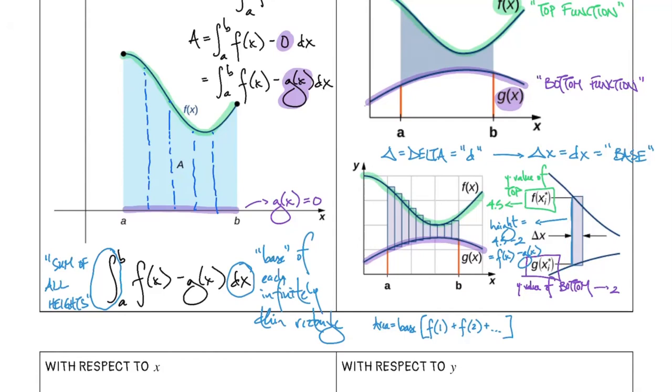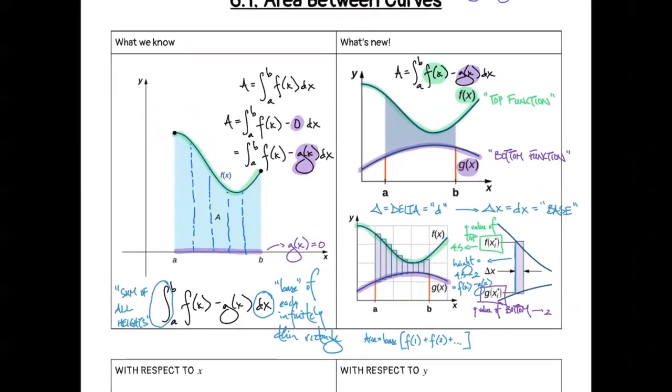At the end of the day, for every single rectangle, we can find the height by saying top function minus bottom function. And so that is really the beauty in all that we've been doing.